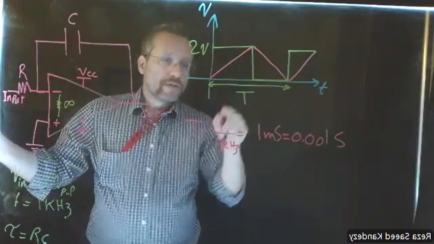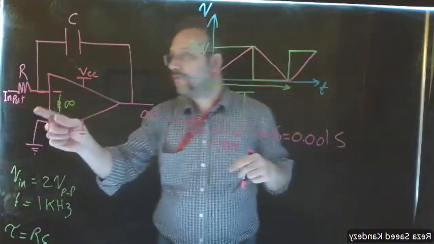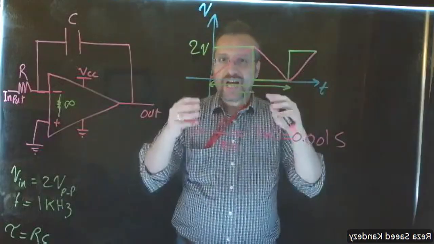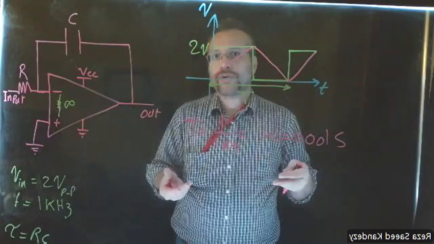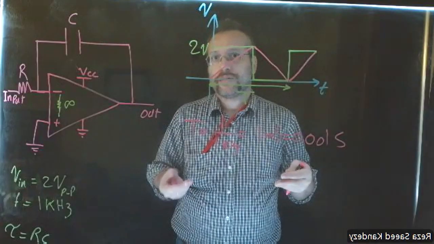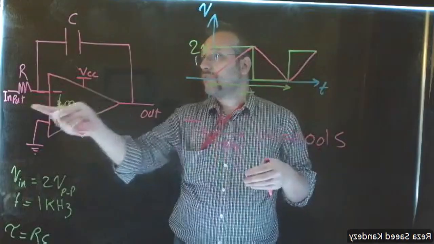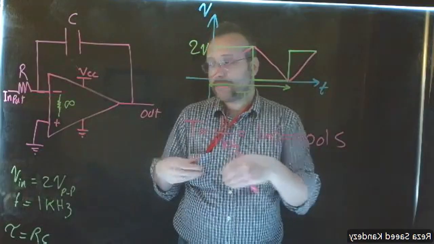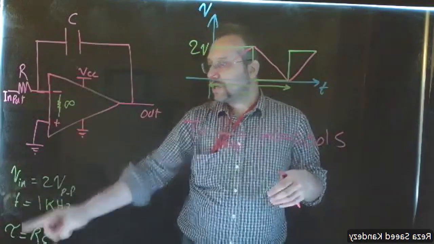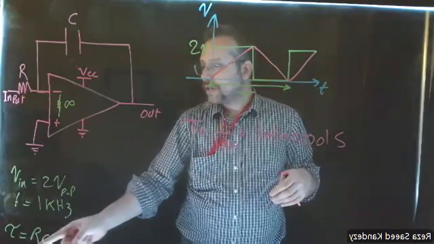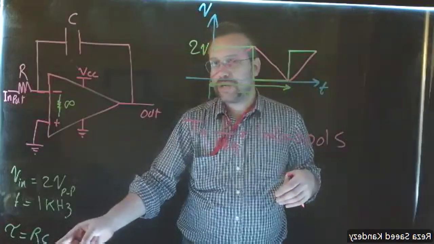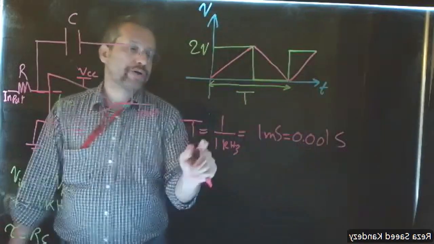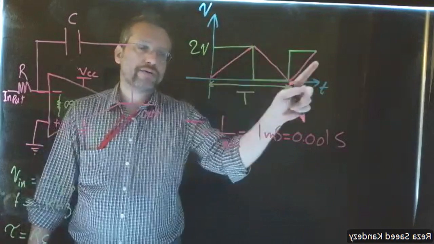As you know, if we have a capacitor or inductor in our circuit, that means we have a transient parameter named time constant that defines the behavior of this circuit in respect to the changes in the input. For the RC circuit, the time constant tau is equal to R times C. Now we want to match this tau with our time period in order to have a proper integrator.